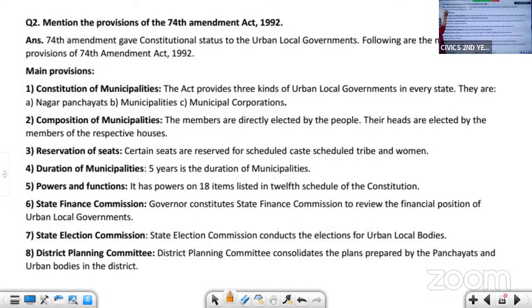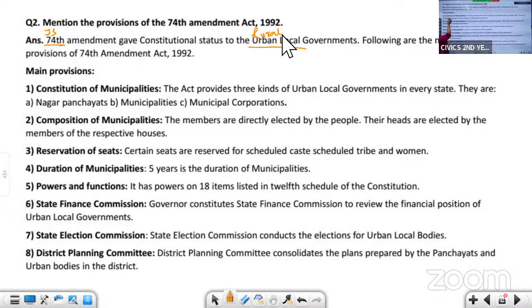The 74th Amendment gave constitutional status to urban local bodies. Then what about the 73rd? The 73rd gave constitutional status to rural local bodies. Okay, am I clear?